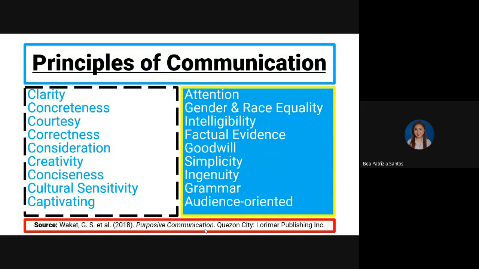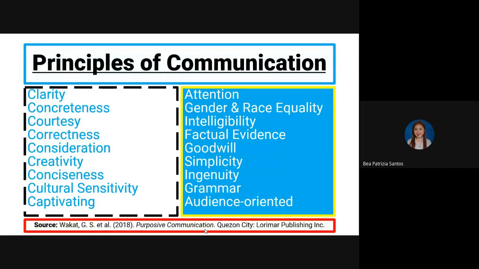Okay? Anyone, please, on the chat? Clarity is for choose the word you associate with clarity on the blue box on the right. Okay? So there are answers on the chat already, but the correct answer is clarity for intelligibility.